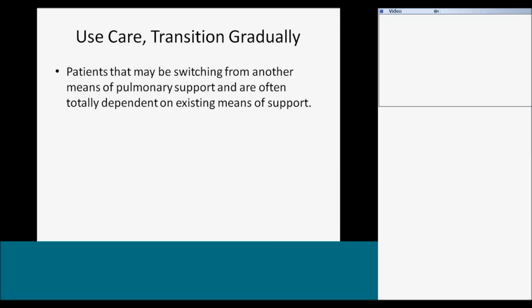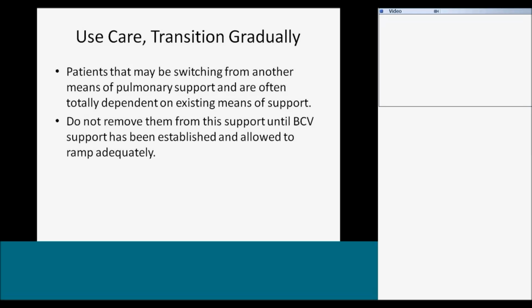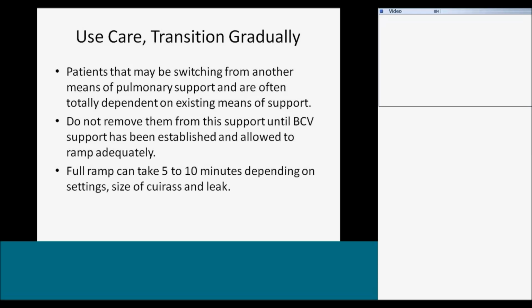Okay, so we talked briefly about this in the setup process. For patients that are on other means of support and are totally dependent on that means of support, they may need gradual transition. And you have to bear in mind the ramp function of the RTX. So apply the RTX, allow it to reach the majority of the ramp before you remove the other means of support if they're totally dependent on that.